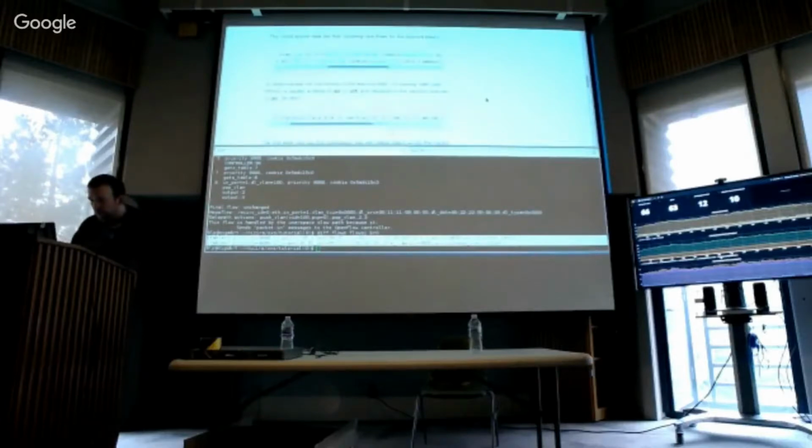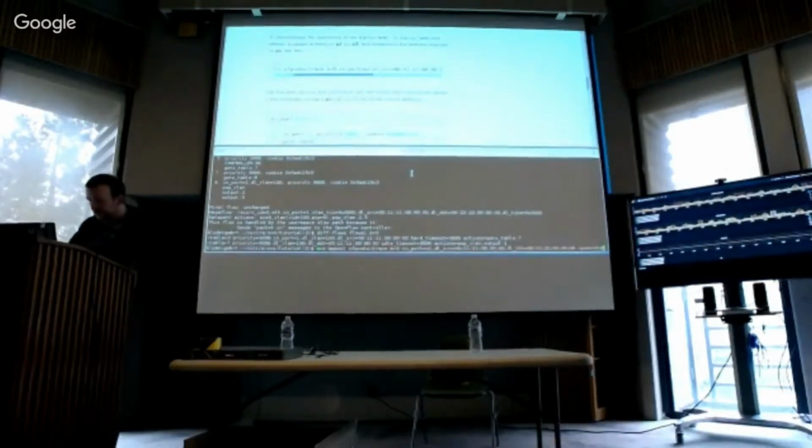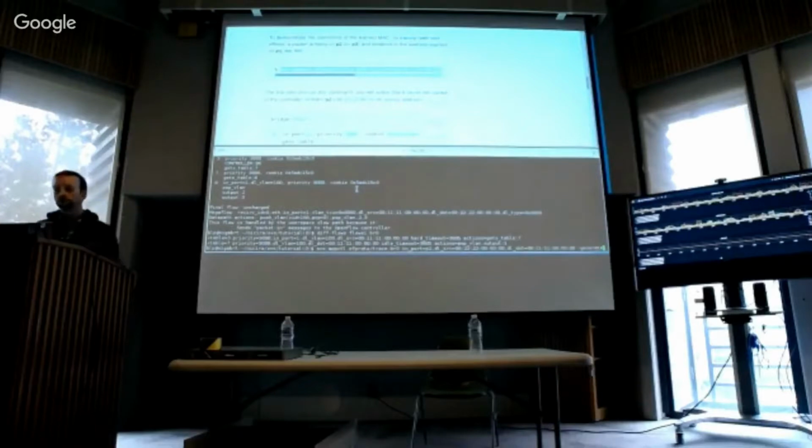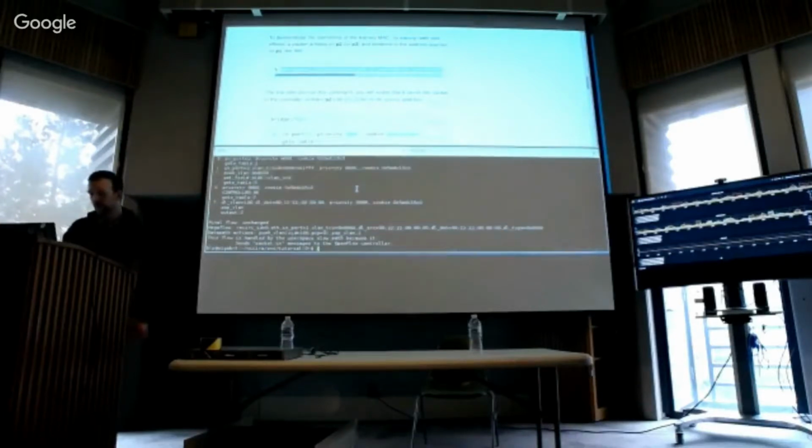So now let's try tracing in a similar way a packet that is supposed to go in the opposite direction. In other words, one that comes in on, say, port 2, and it's destined to the MAC address that it just learned is on port 1.